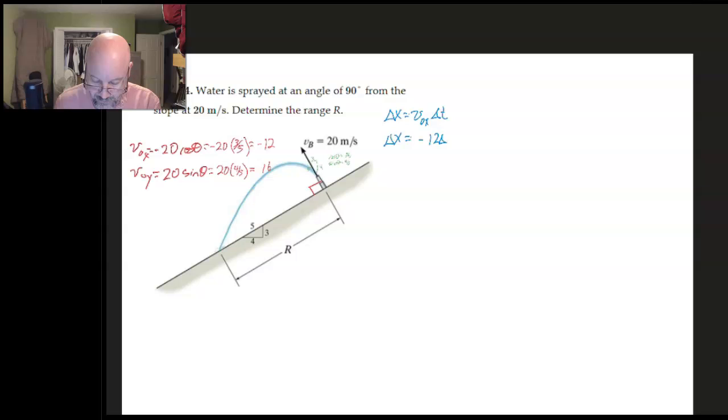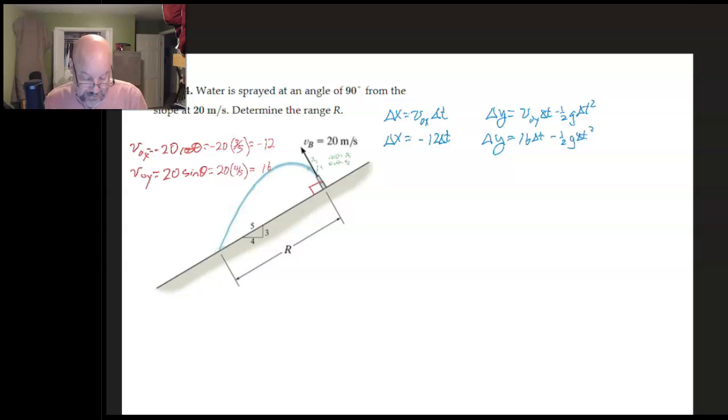So minus 12 delta T. And for our Y relationship, we use Optimus Prime light: V naught Y delta T minus a half G delta T squared. Again, let's put in our number. So that's 16 delta T minus a half G delta T squared, just like that.